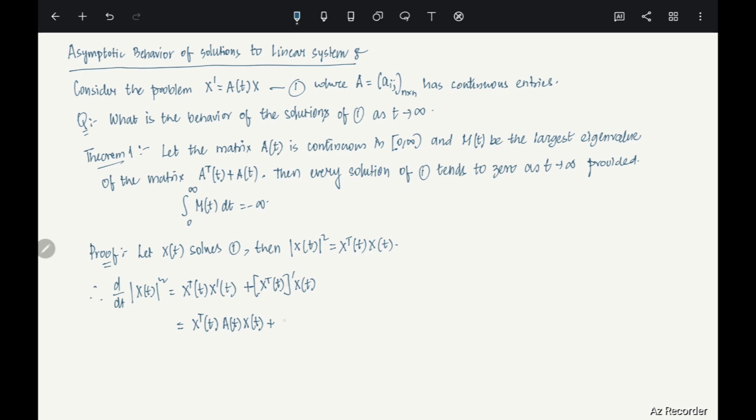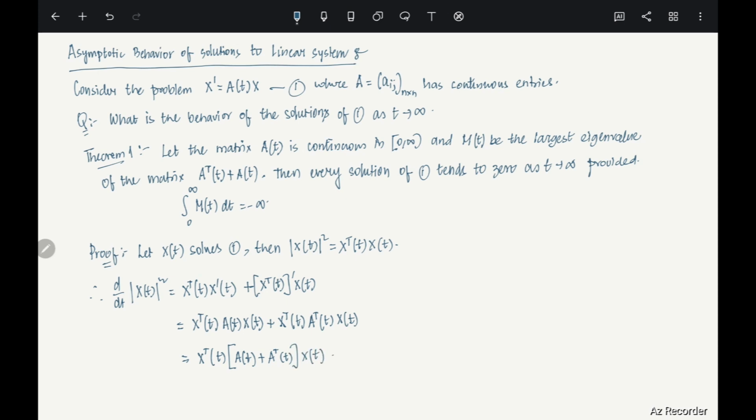So this is x transpose of t, A transpose of t, right? And then x of t. Clear? Okay. So now this can be written as x transpose of t, and if you take this part common, it is A(t) plus A transpose of t times x of t.